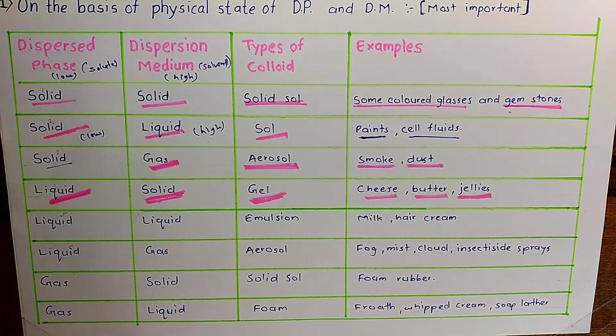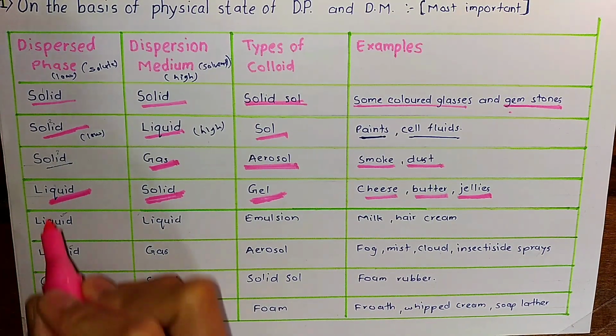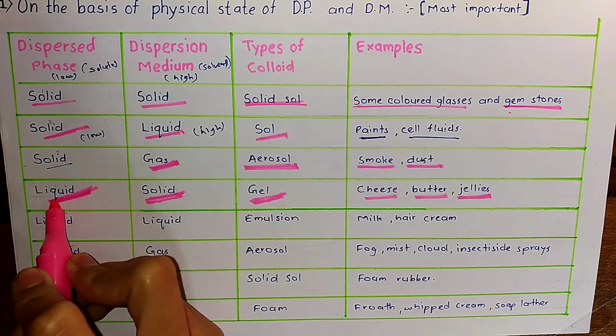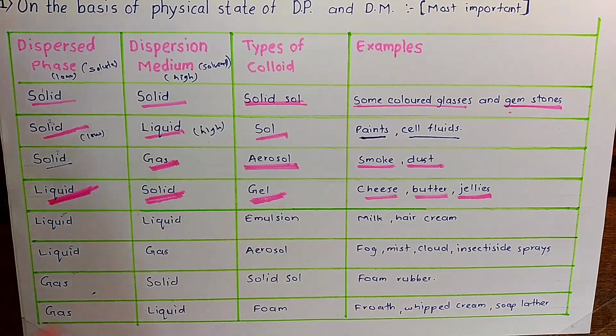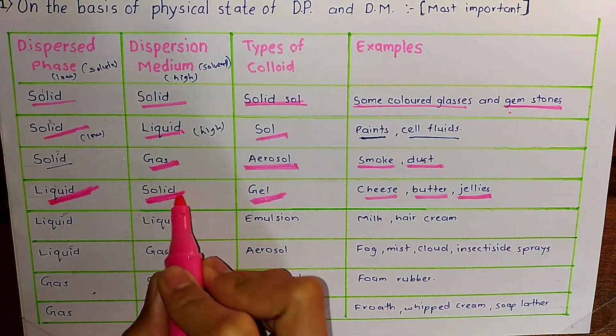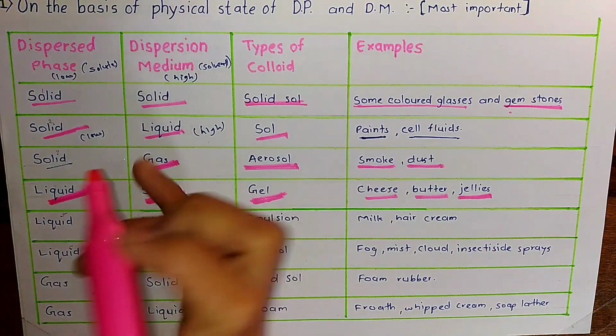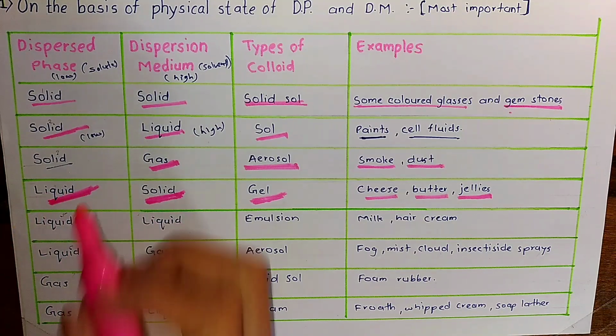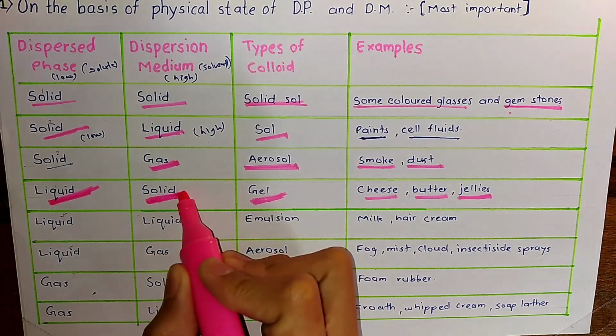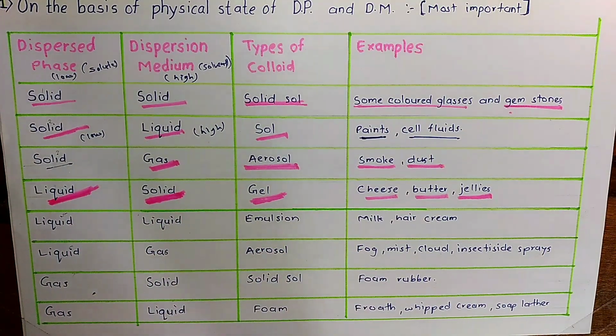The fourth example of classification of colloids is liquid in solid. We are taking the dispersed phase as a liquid and the dispersion medium as a solid. In this case, liquid is in low quantity as compared to solids, so the physical properties of these colloids will become like a solid.